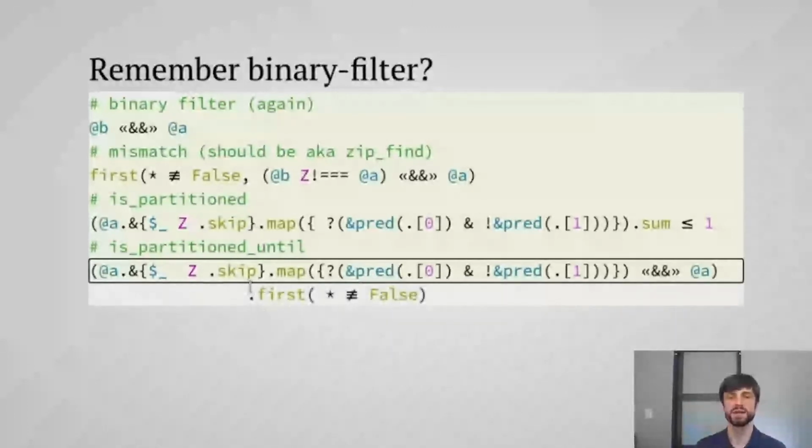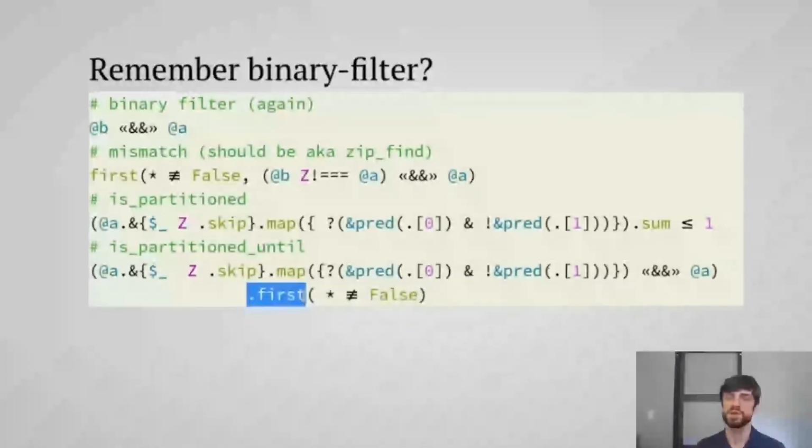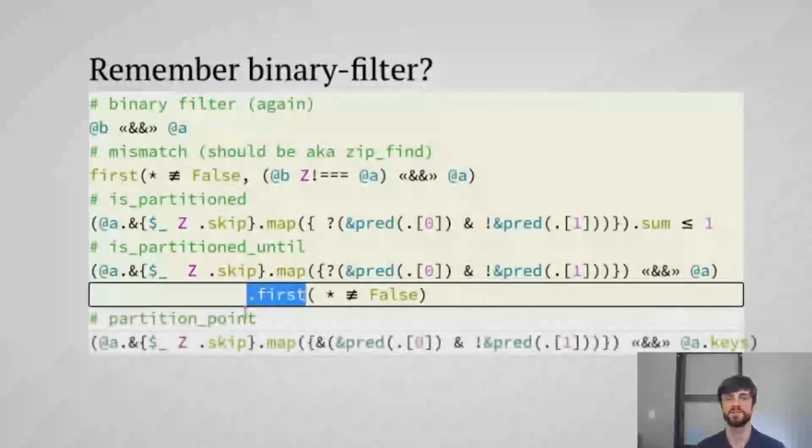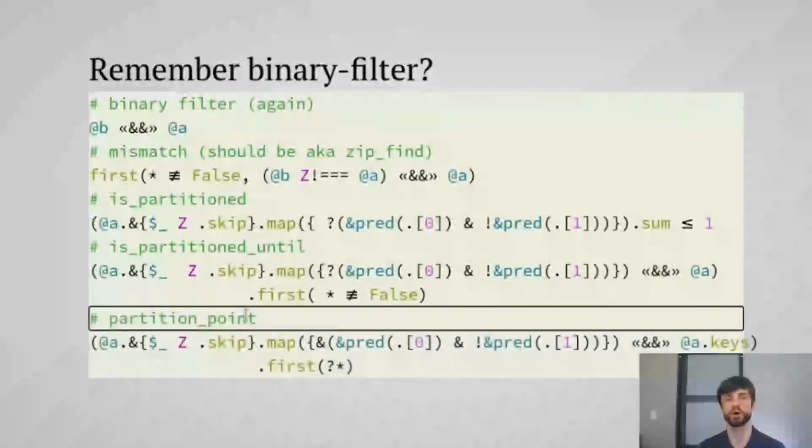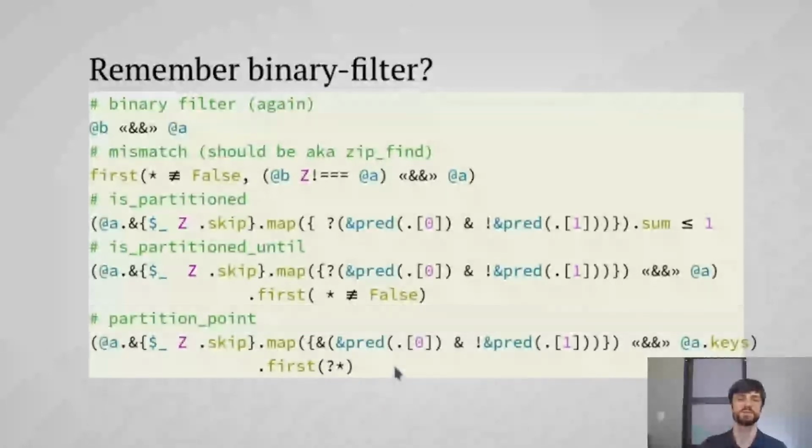Partition point is nearly the same, except instead of returning that item, we're going to return the index, which gives us different access to the same information, essentially. And so those are all of C++'s partition-related algorithms.